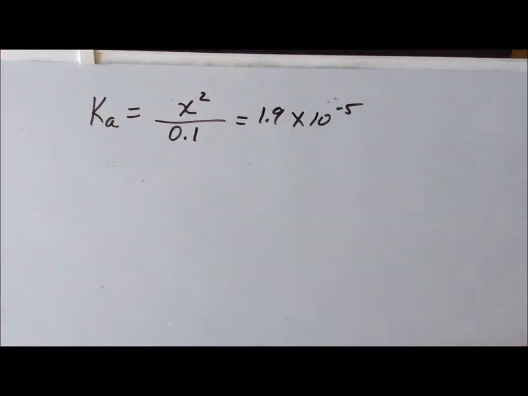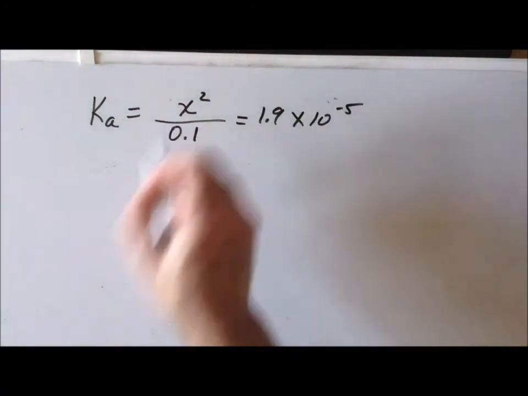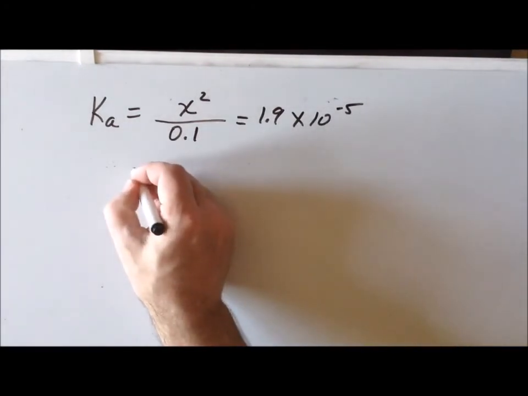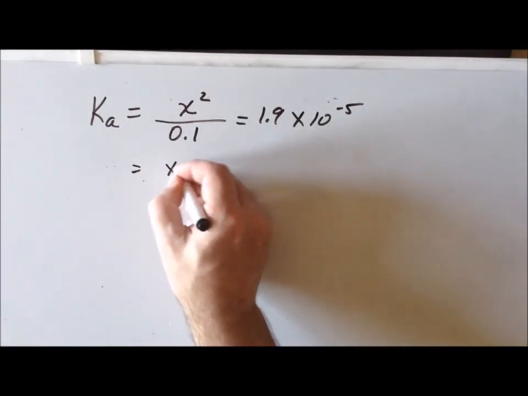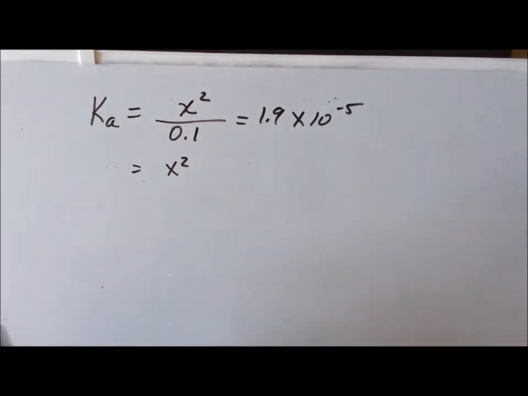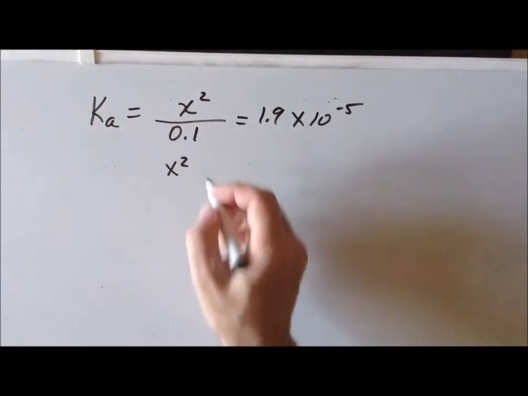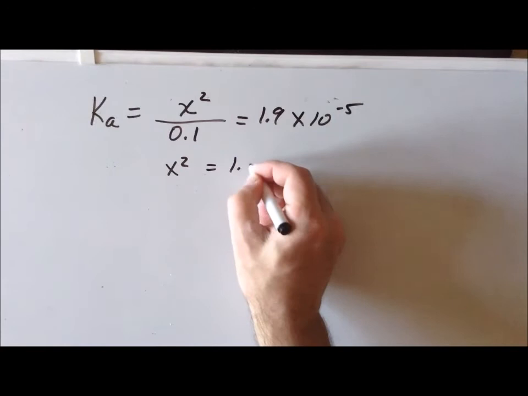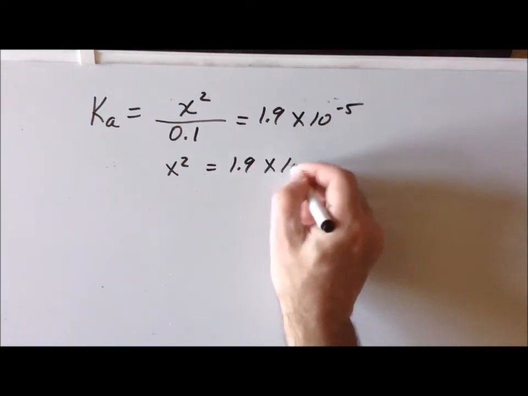To solve this equation, we want to multiply both sides by 0.1, and that gives us that x squared is equal to 1.9 times 10 to the minus 6.